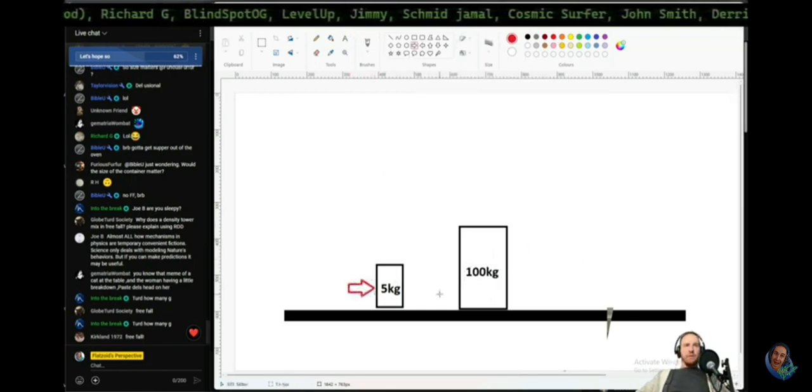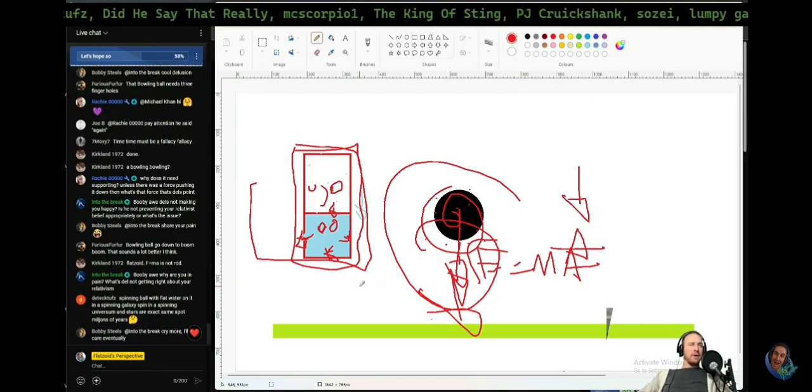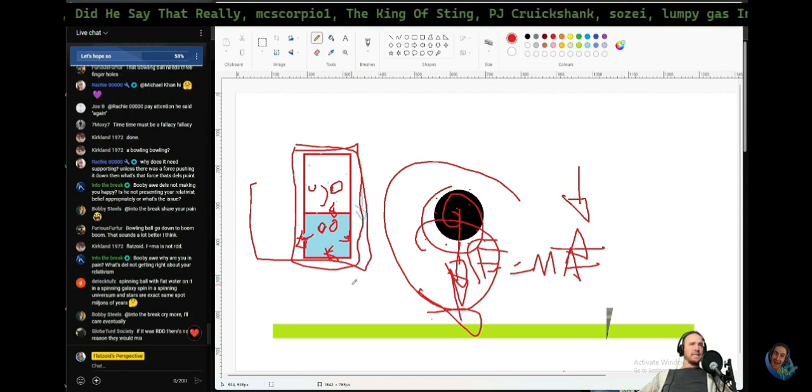So we're putting a force on there, okay? You would agree it would take more force to push the 100 kilogram block than it would be to push the 5 kilogram block. Yep. Yeah. The same amount of force attributed to them because they accelerate at the same rate.